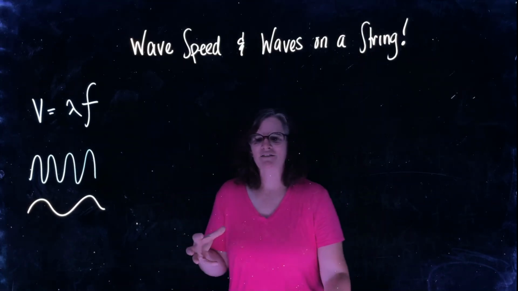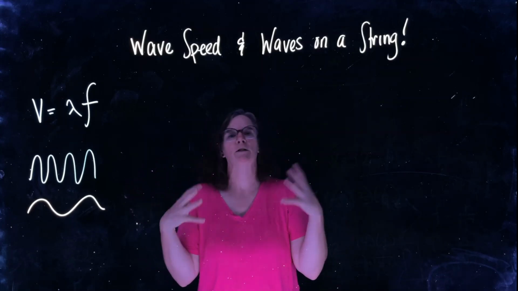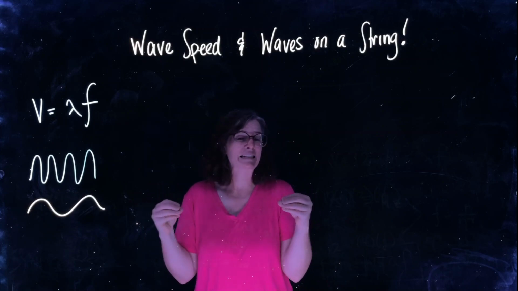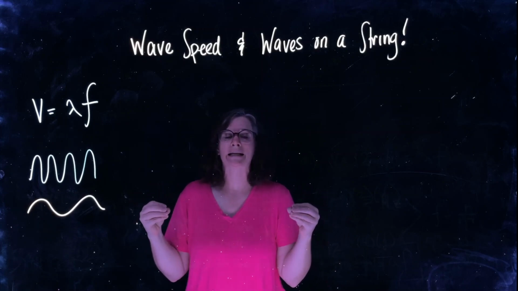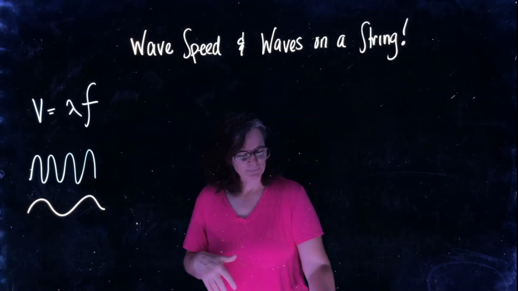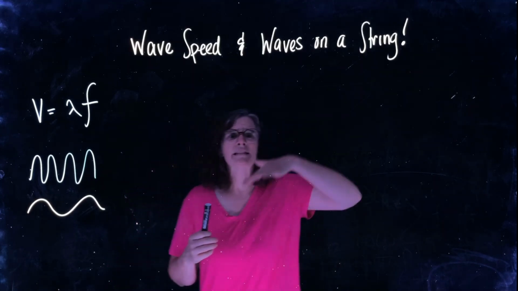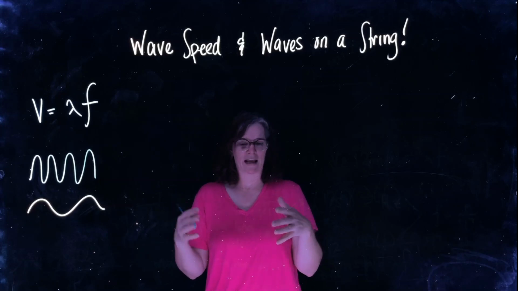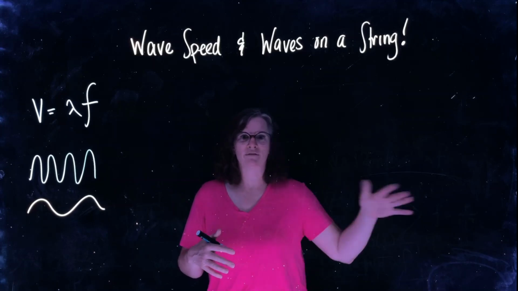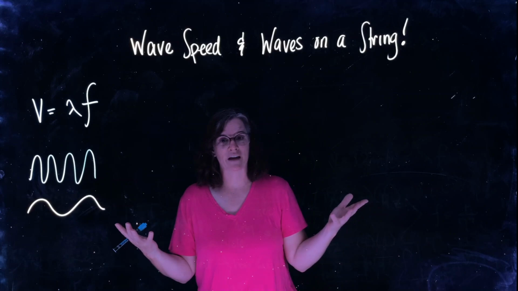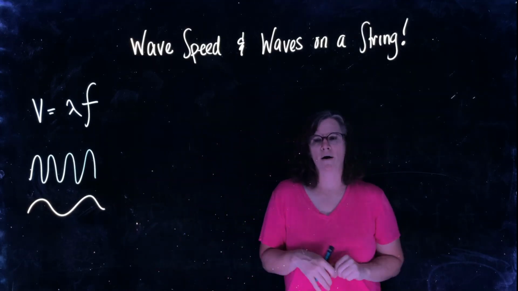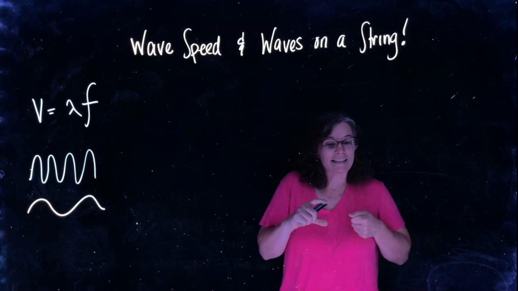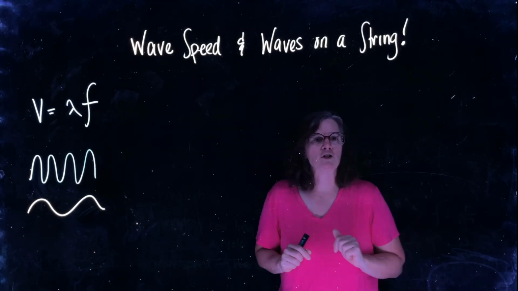You can even do this with an elastic band or an elastic string. If I have a loose material, those waves tend to travel more slowly. If I have a really loose string and I try to flick it, the wave dies pretty quickly. There's a lot of energy lost, but it doesn't go very far. If I tighten that string, pull on it really tight, and I flick it, that wave shoots down.